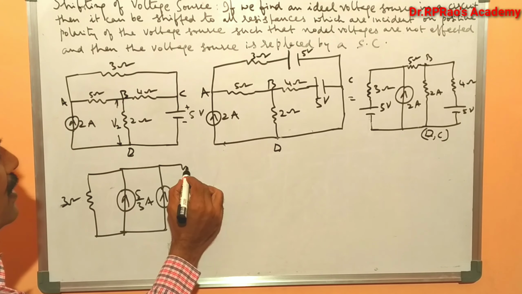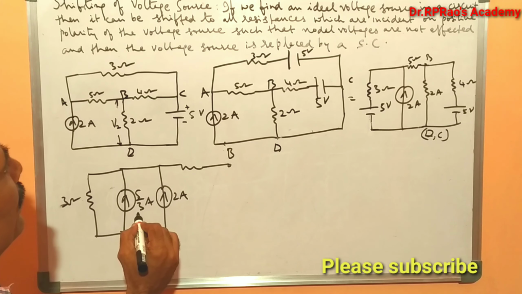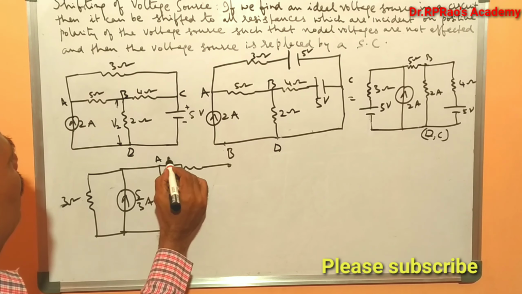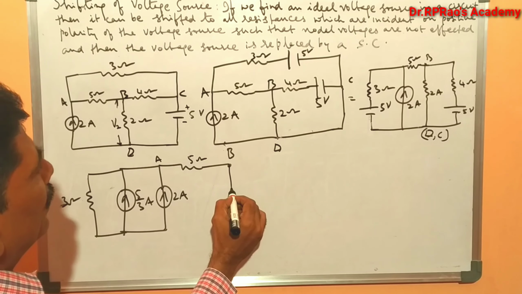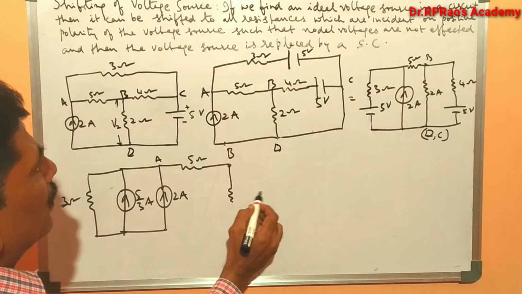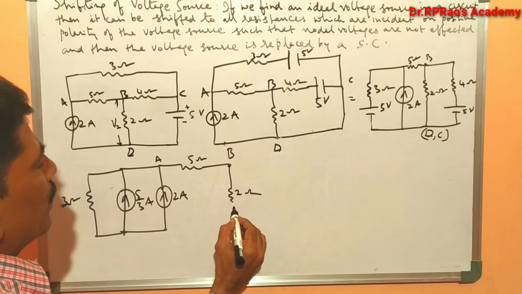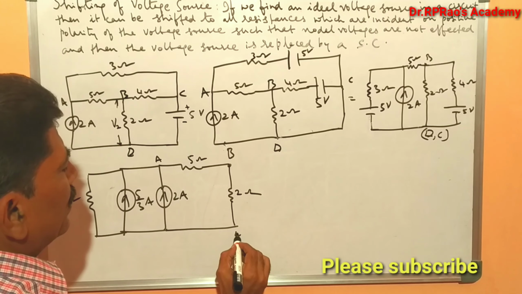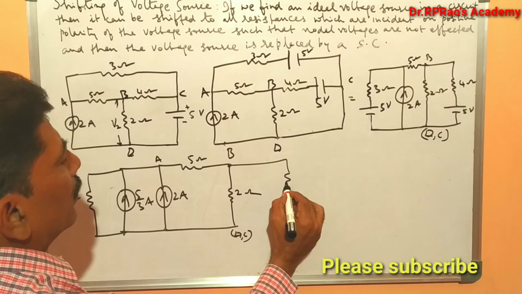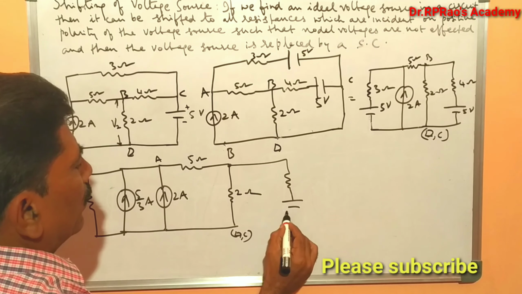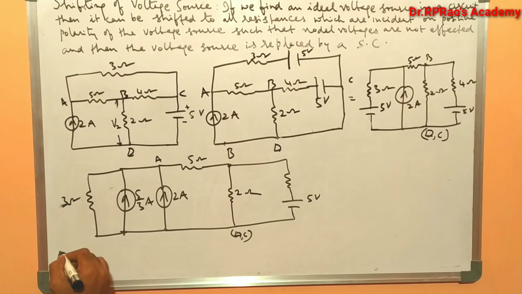And a 5 ohms resistor, and this is node A, after 2, 5 ohms, node B, this is 2 ohms. Here D and C are clubbed together.